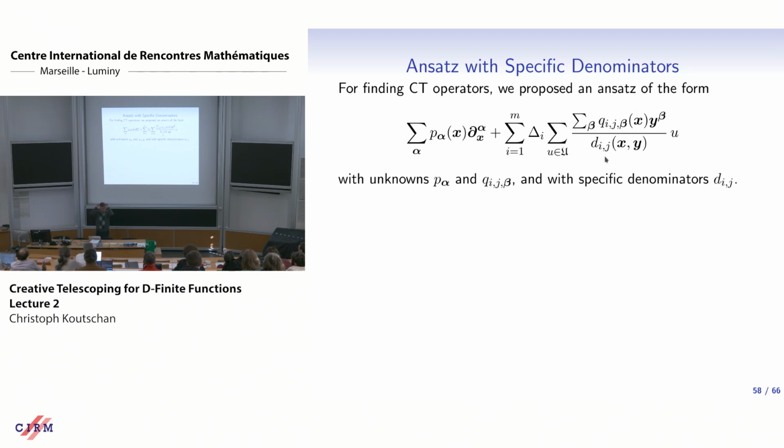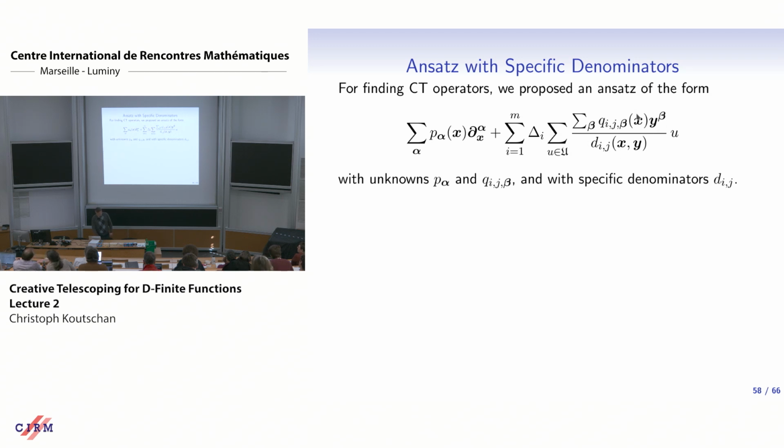Instead of saying, I have an unknown rational function in two variables, and I put it there, and then I do my calculation, here we try to guess the denominator of these rational functions, and this can be done by studying the leading coefficients of the annihilator. And we have to set a degree bound with respect to y for the numerator.